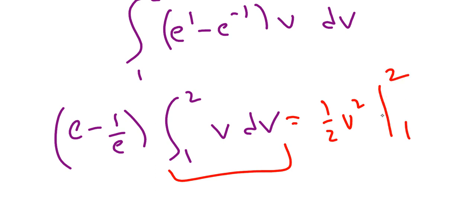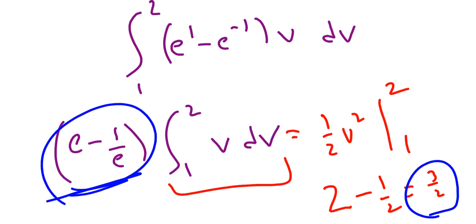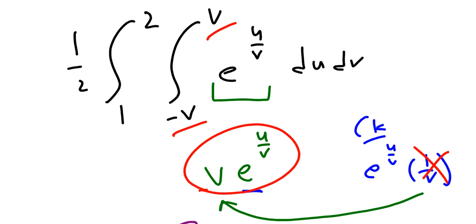If I plug 2 in, I get a 4 times a half, which is a 2. Plug in 1, minus a half, so I'm getting a 1.5 or 3 halves times this thing. So this and this are going to get multiplied. And let's not forget, I almost forgot that Jacobian up here. You probably noticed that, well, there it is right there, that Jacobian.